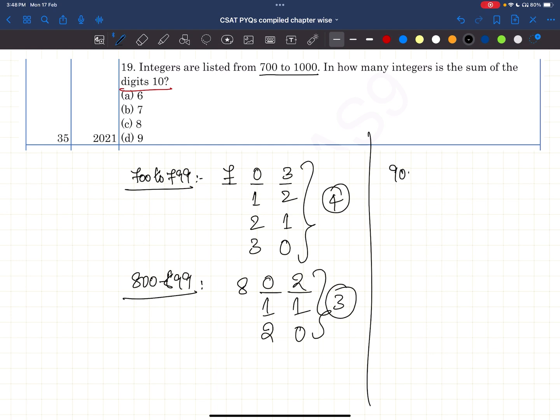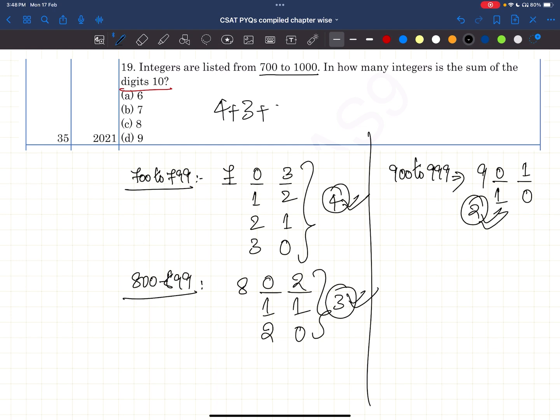Now from 900 to 999, 9 is fixed and see, if you take 0 here, this becomes 1. If you take 1, it becomes 0. That means 2 possibilities. Here 4, here 3, here 2. 4 plus 3 plus 2.